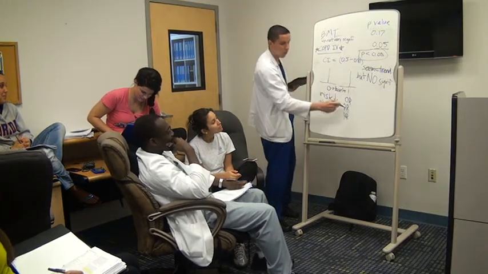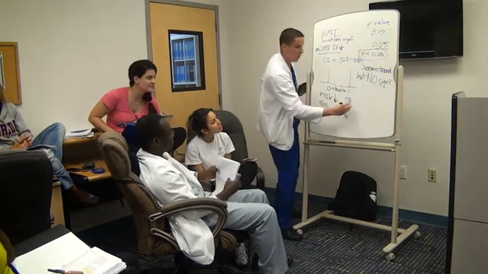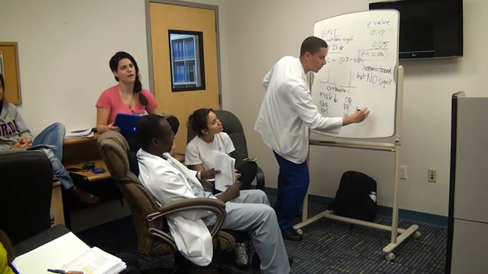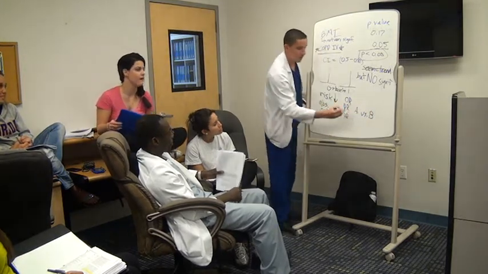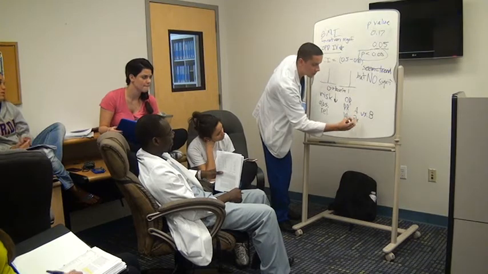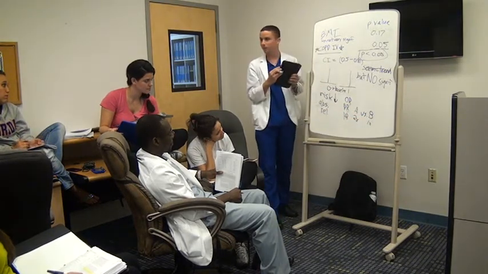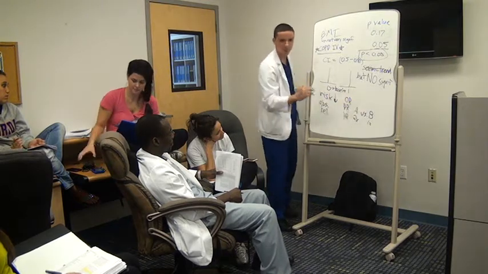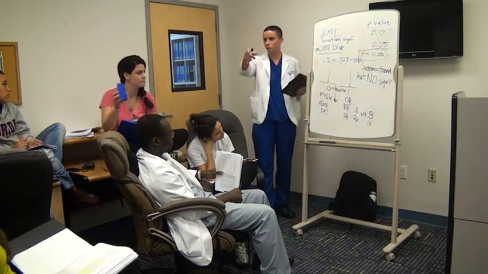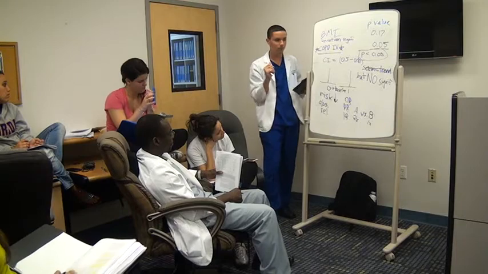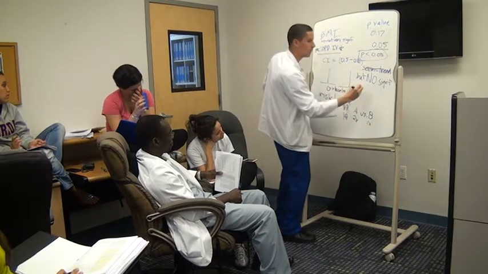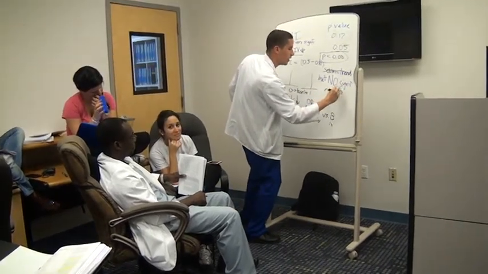Okay, so relative risk, group A versus group B, right? Let's say group A is twice as likely as group B to get COPD. That's relative risk. I'm comparing group A to group B. The example she gave us in class, N equals 100.